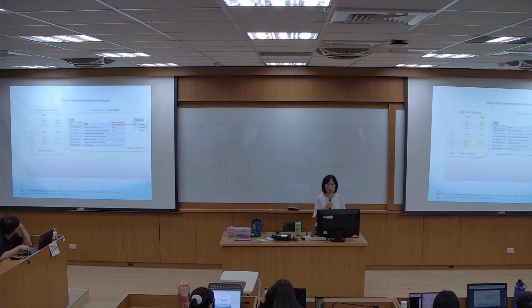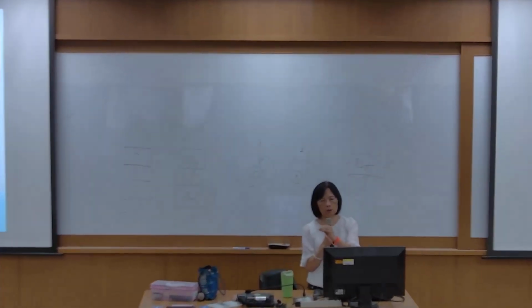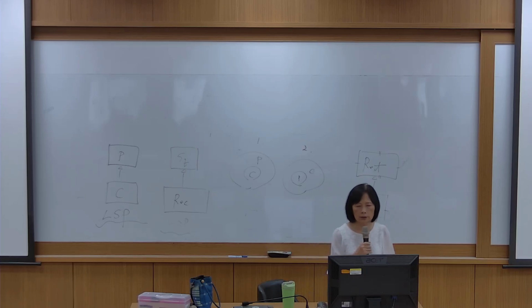Here we use an object ID, and the object ID should be unique, like the primary key of a relational database. A primary key identifies a particular record, and a record is an object for that.